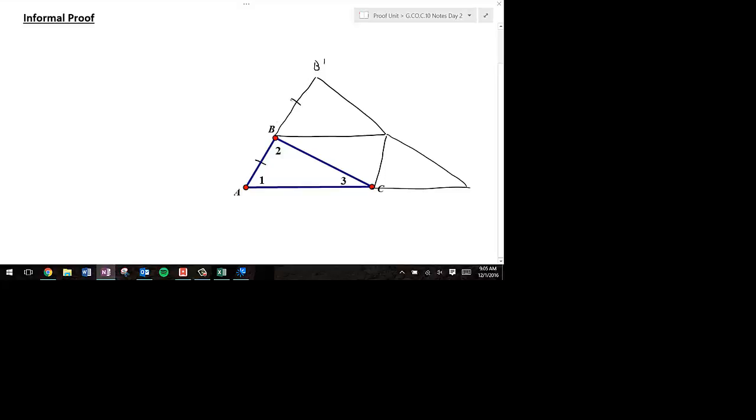So that tells me these 2 are the same. So if I translate triangle ABC by vectors AB and AC, that tells me B is the midpoint of A, B prime.